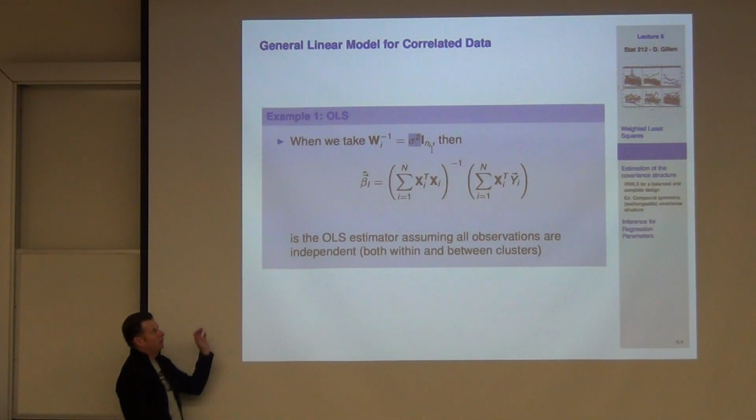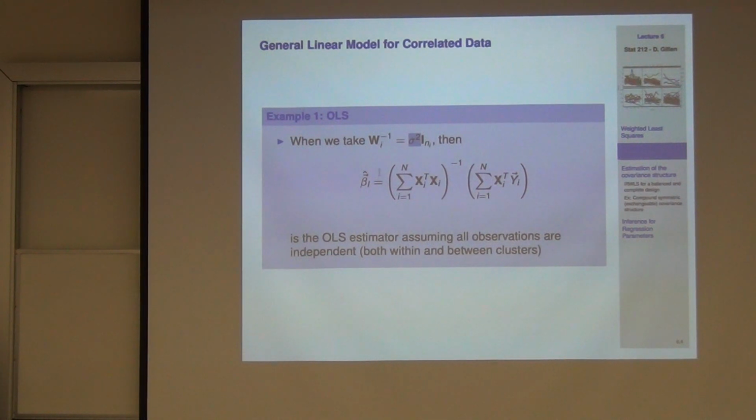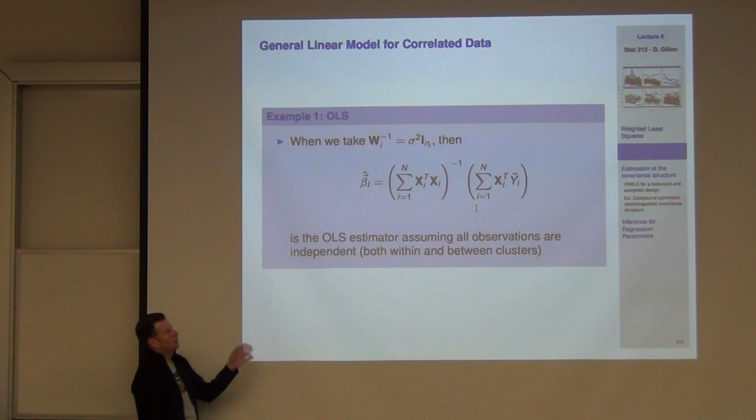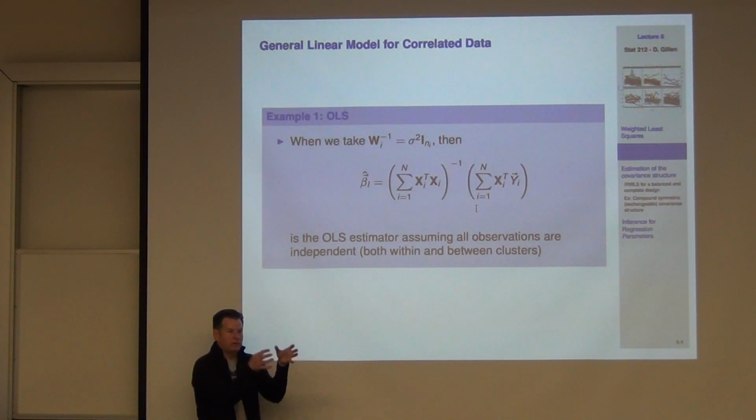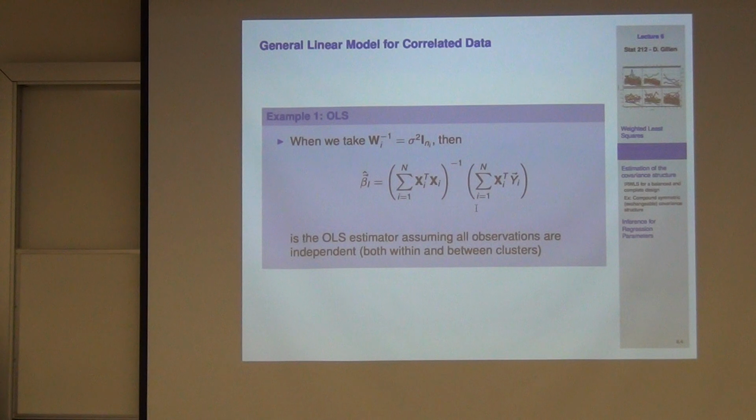And so in that case, you get back what I'm going to refer to here as beta hat I, for independence. And that's just going to look like your good old OLS estimator. All I've done is chunk it up into the ith subject's or sampling unit's design matrices and sum across that. It's just a little bit easier to write. Number two, I do this because now everything is conformable.